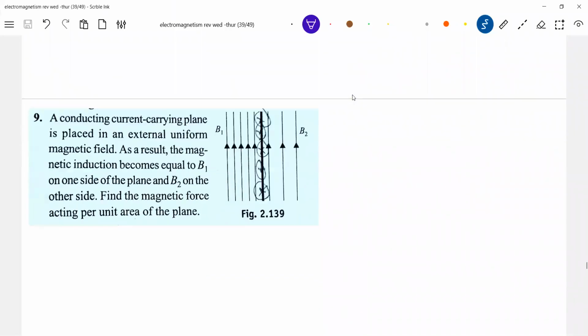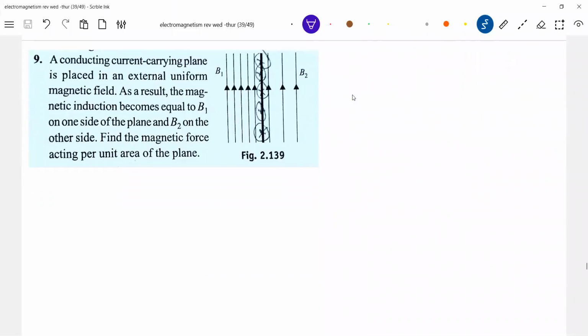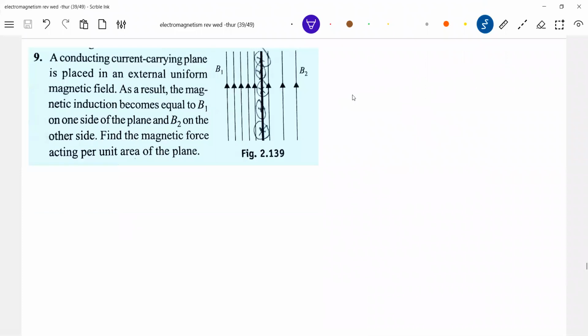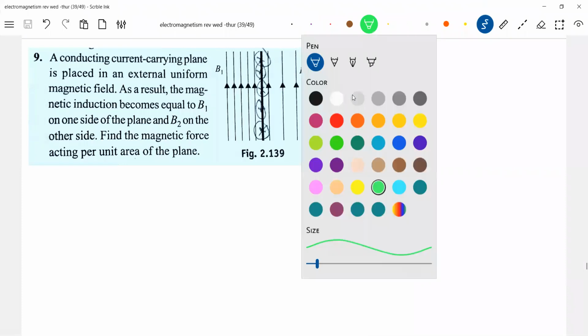Okay, magnetic. This question, did we discuss magnetic pressure earlier, did we? Anybody just reply if this is completed.